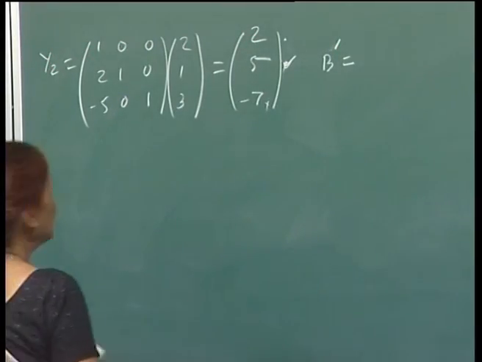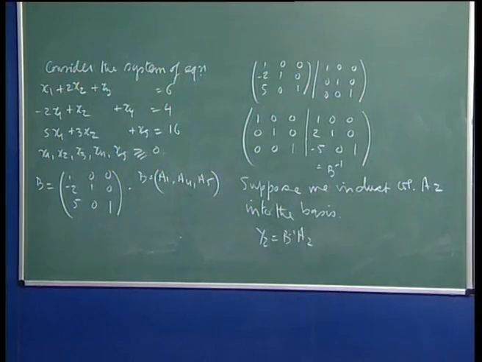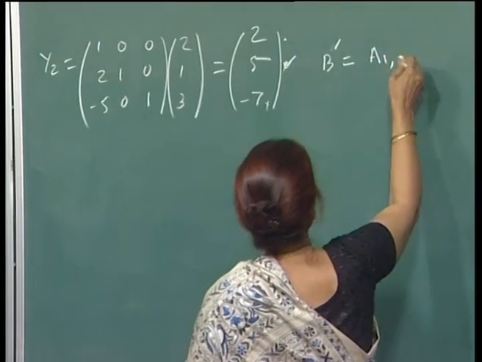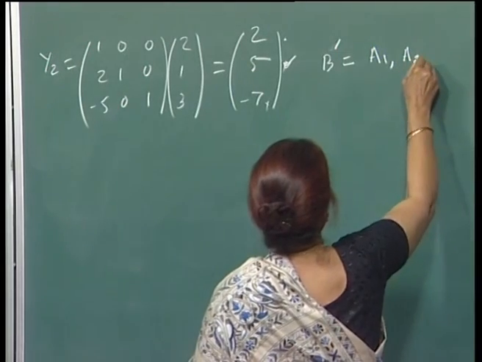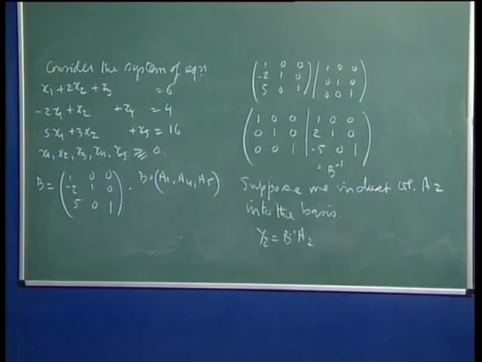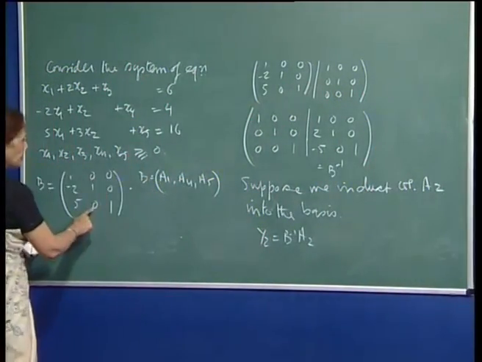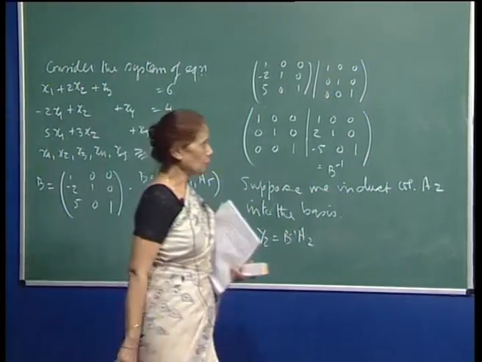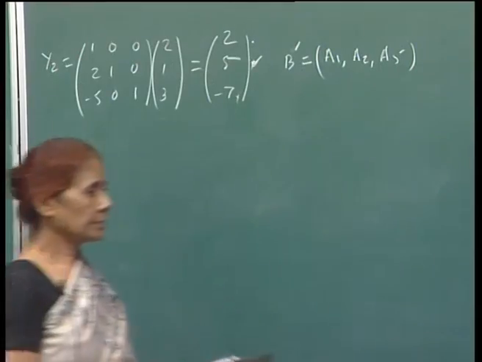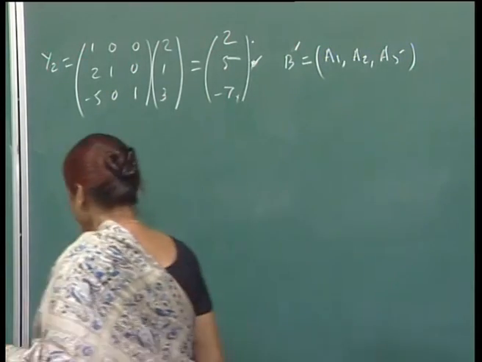That means now my B prime will be your A1, A2 and A5, right. The second column here, which was earlier A4, I am replacing it by A2. And now I need B prime inverse.